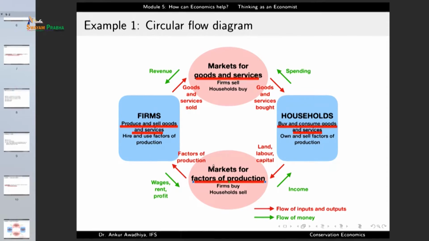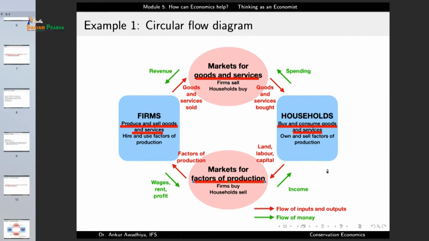So, in this market for factors of production, the firms are buying the factors of production and they are paying for it through wages, rent, or profit. On the other hand, these factors of production are being made available through the households. So, the households are selling land, labor, and capital, and in exchange for it, they are getting the income.